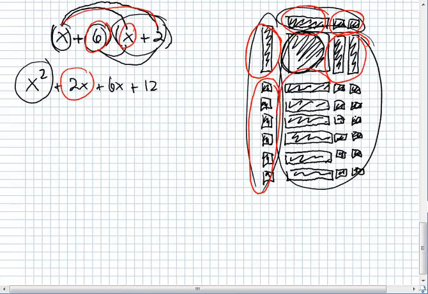So there's my 6x's. And then, of course, the 12 comes from right here, 2 times 6. But I can add those two middle terms together because they are like terms, and I get x squared plus 8x plus 12. Okay? And that's how we can multiply polynomials together.